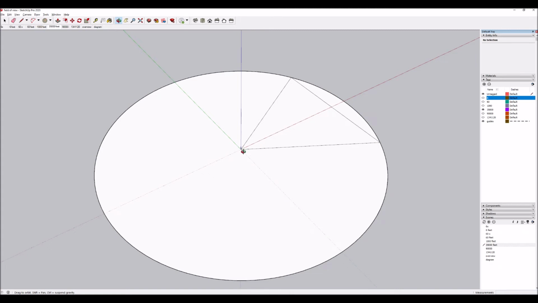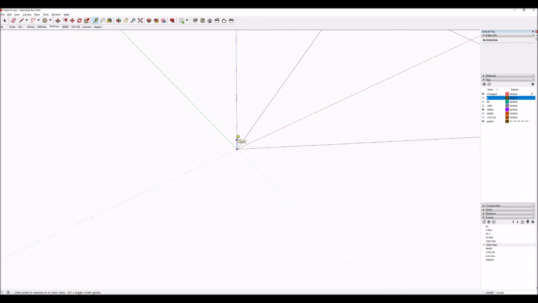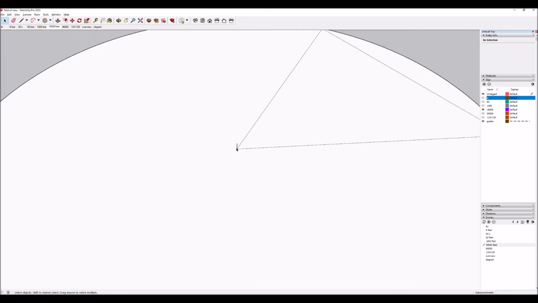And now we're going to, let me check this here. That's 35,000 feet. So this line that you see here represents our height above the surface of the Earth, 35,000 feet.